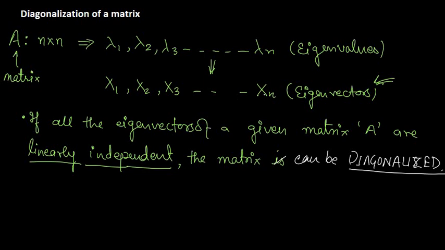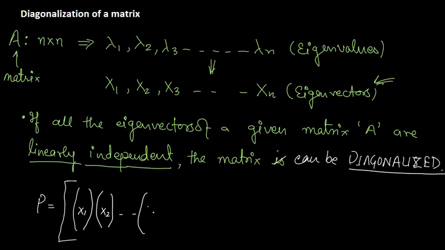eigenvectors. If you have independent eigenvectors, you can define a matrix P in such a way that you put the eigenvector x1 as one column, x2 as another column, and so on, putting all n eigenvectors in this matrix.